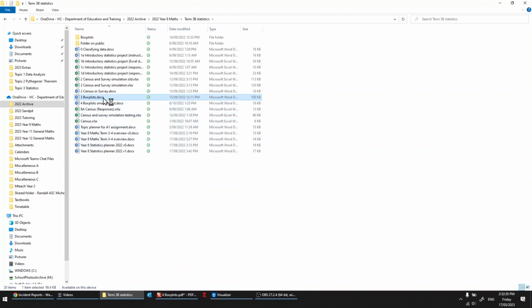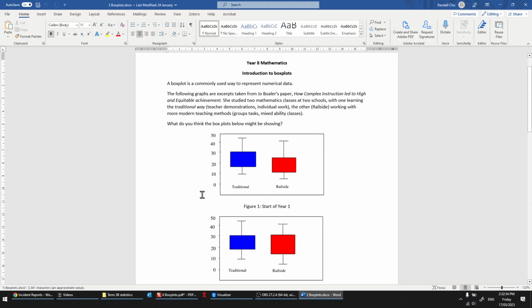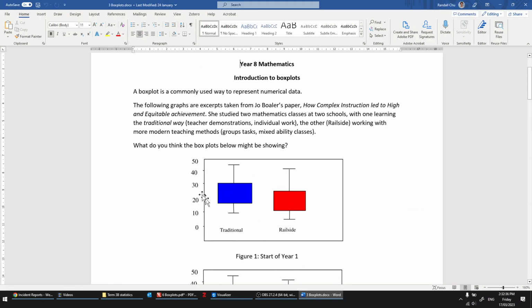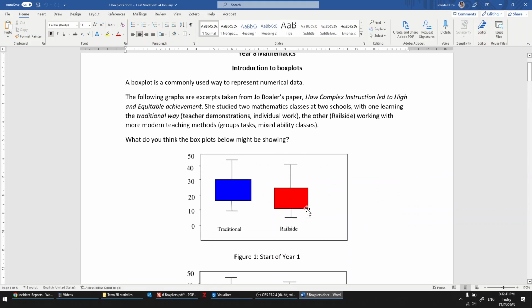Box plots. All right, so this is it. I'll tell you a brief story, and then I'll let you get some work done.